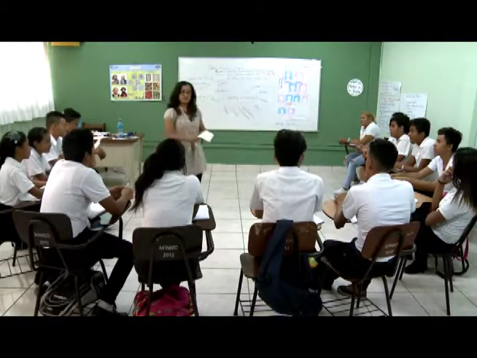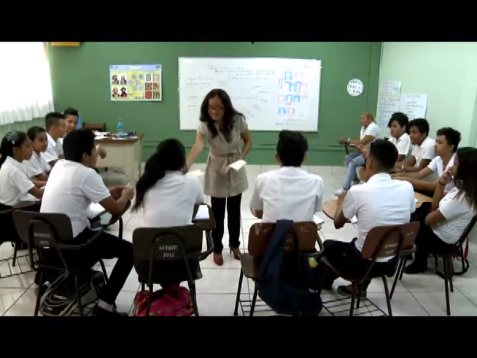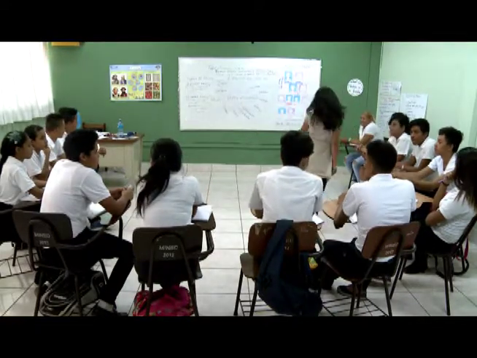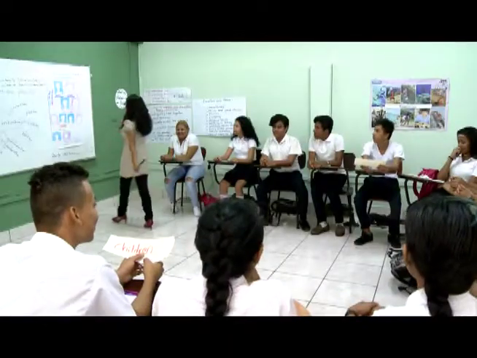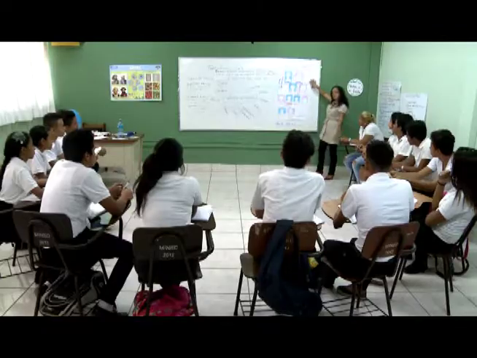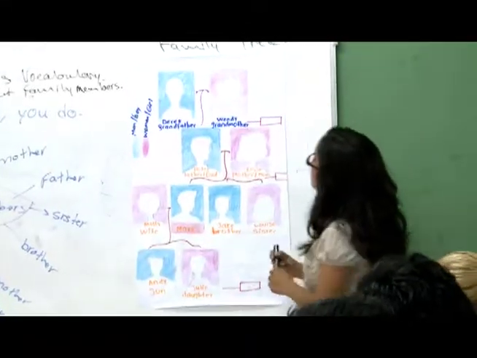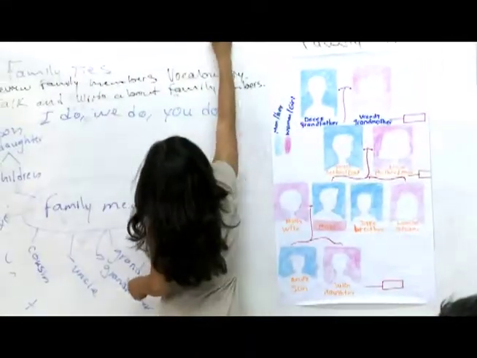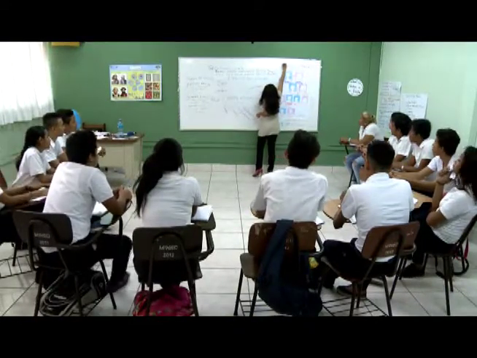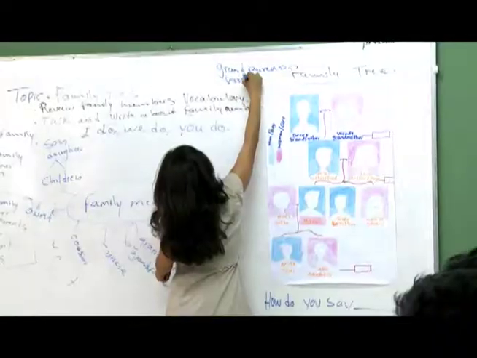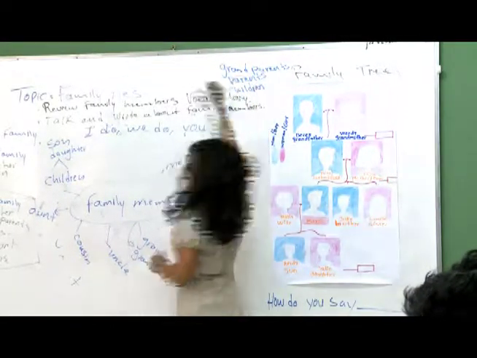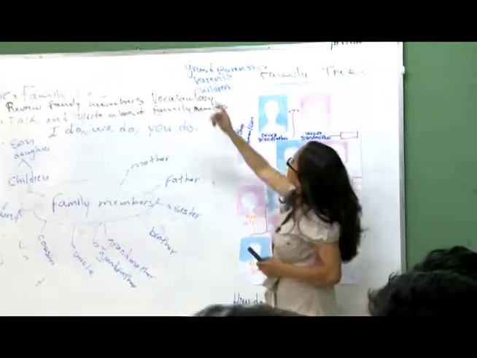I need 3 volunteers. Help me with this. And you. Okay. Can you see these 3 boxes? So we are going to complete these 3 boxes with the words grandparents, parents, and children, right?